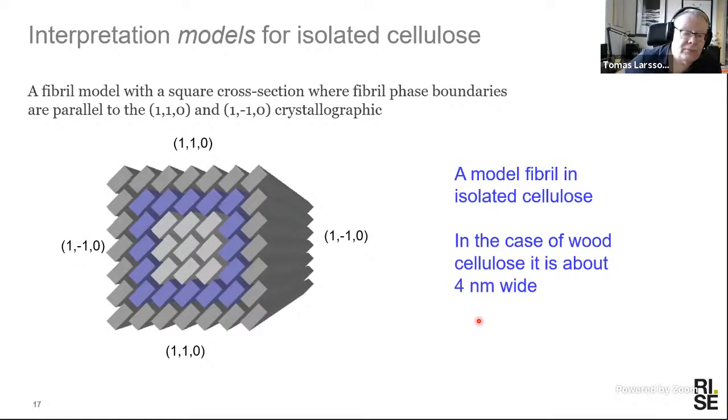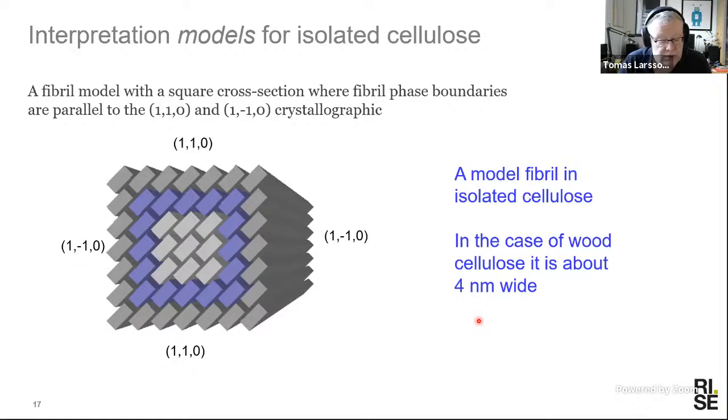So it's not very useful to take measures unless you have what I call interpretation models. And we use this model for cellulose. This is a model of a cellulose fibril. It's been established over many years, and we used lots of different techniques, and we have confirmed this picture of what a cellulose fibril isolated from wood typically looks like.